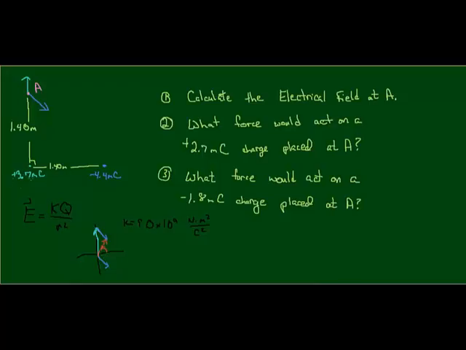So the first thing we're going to do is figure out the magnitude of the field that's pushing straight up. This positive 3.7 millicoulomb charge. So the field from that first charge is going to be K times 3.7 times 10 to the negative 3, that's millicoulombs, divided by 1.40 squared, r squared, and that turns out to be 1.7 times 10 to the 7th newtons per coulomb at an angle of 90 degrees.